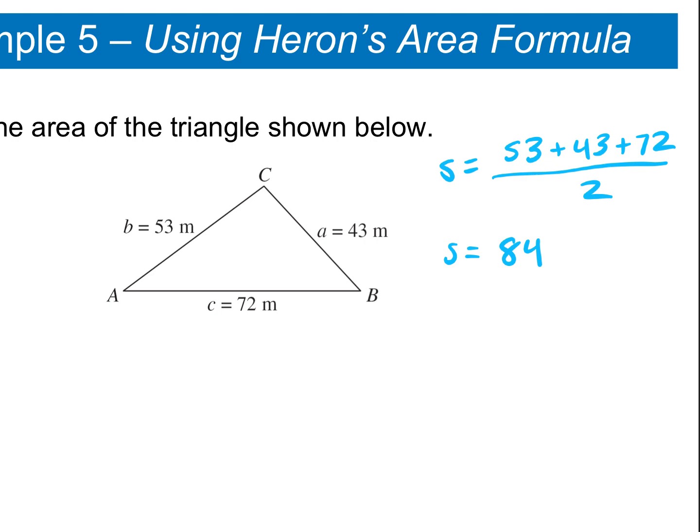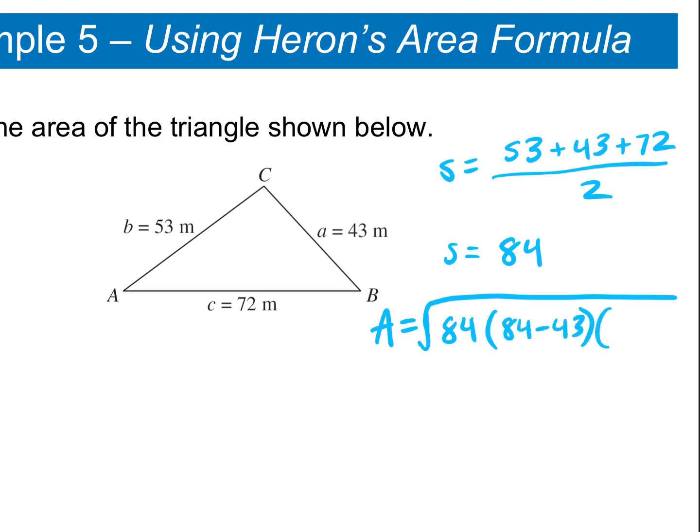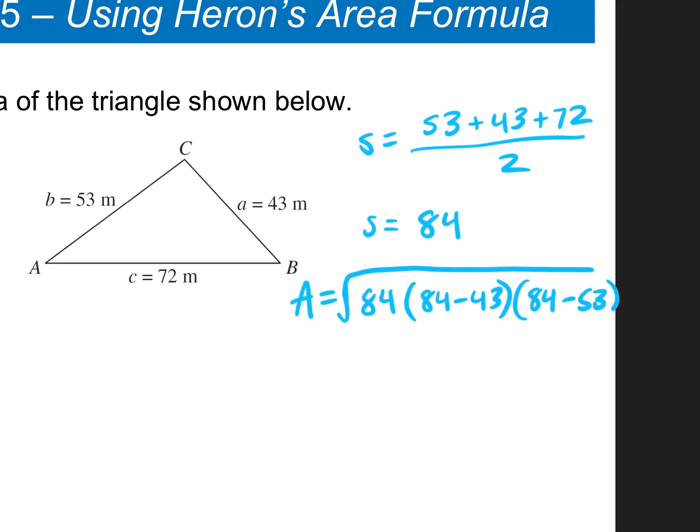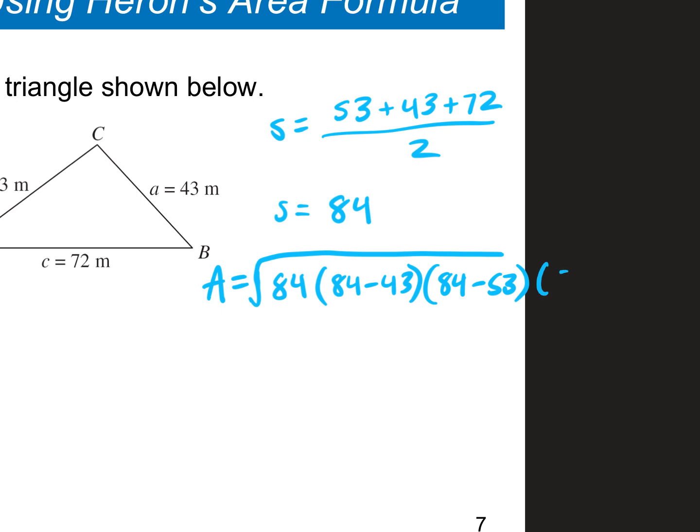Now s, we have to use in our Heron's formula to find the area. So it's the square root of s, that would be 84, times s minus each side. So 84 minus 43, 84 minus 53, times 84 minus 72.